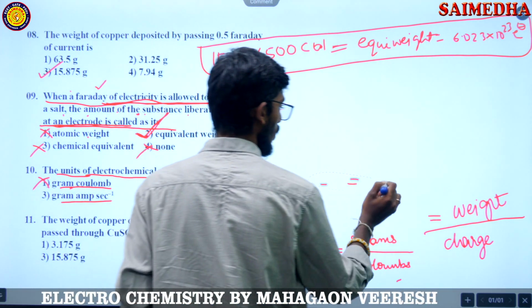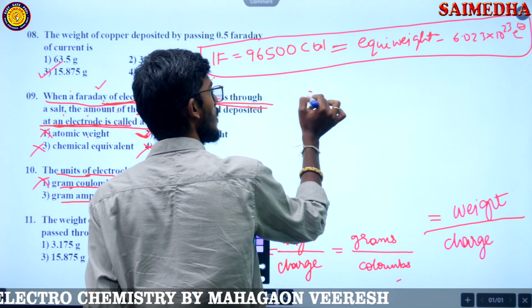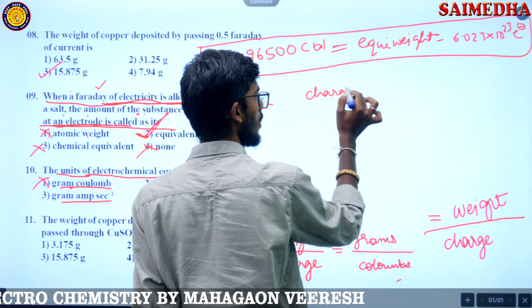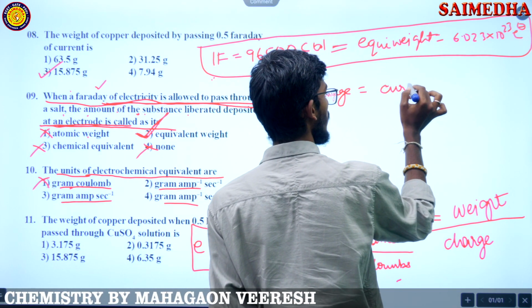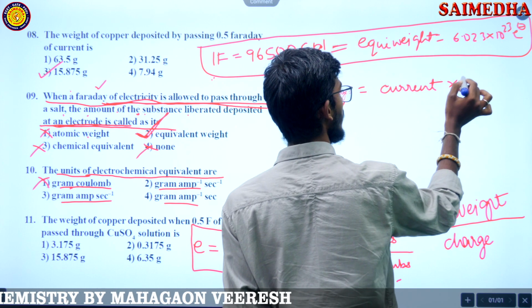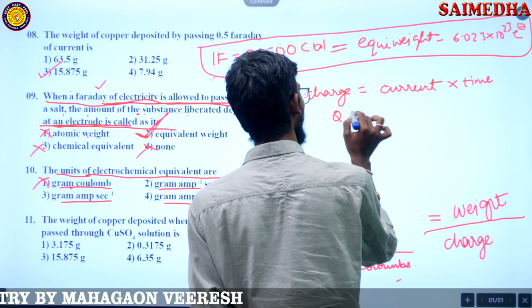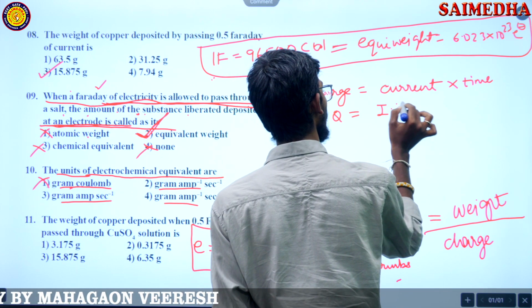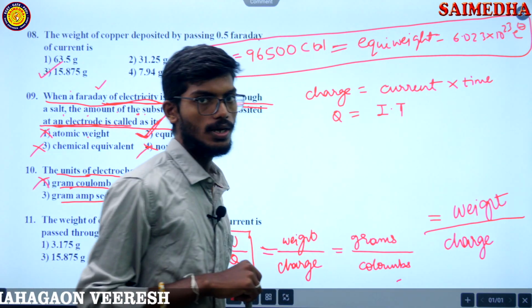Right. So if you see, we know charge is equal to current into time, isn't it? Q is equal to I into T. I means what? Current.